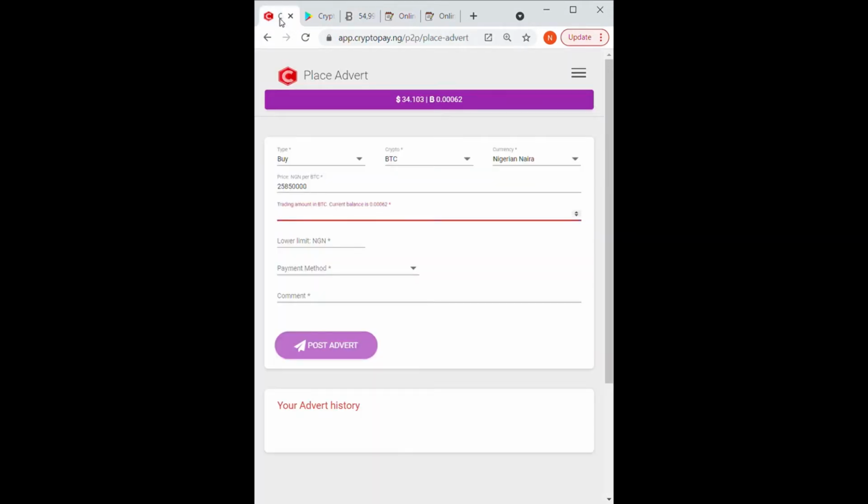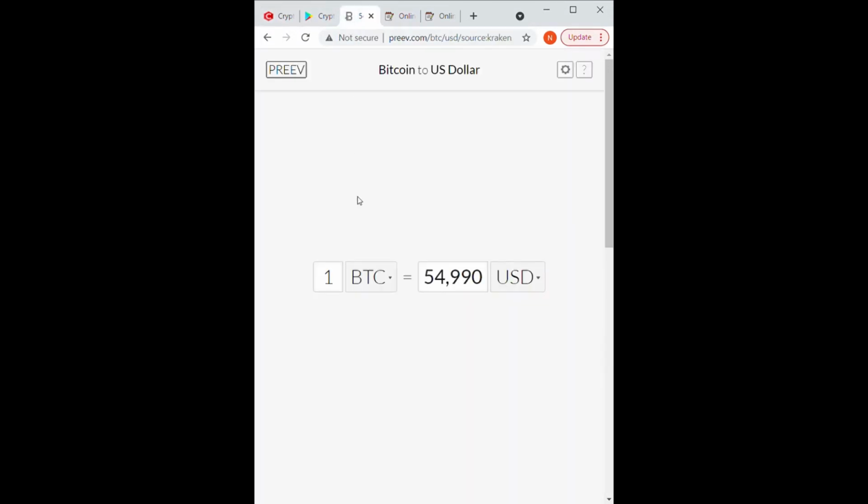Or if you're not sure, you can always come here, priv.com, and you can say maybe you're willing to buy up to 10,000. So every number you put on the right side, this is $10,000. It shows you the Bitcoin amount.